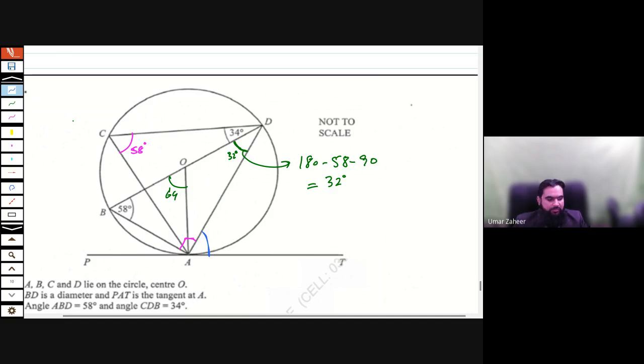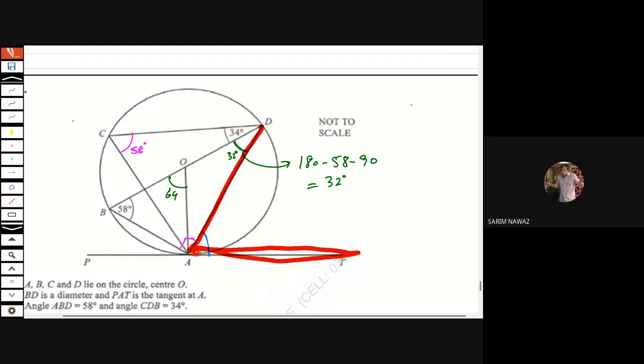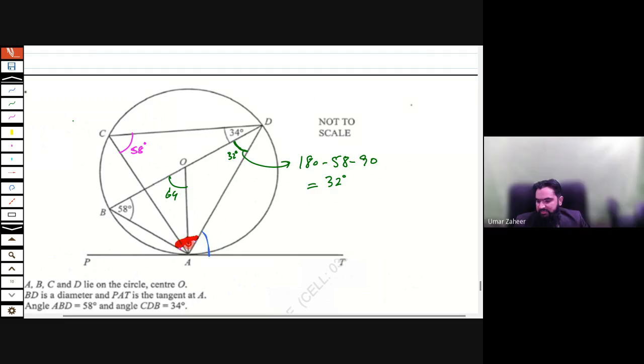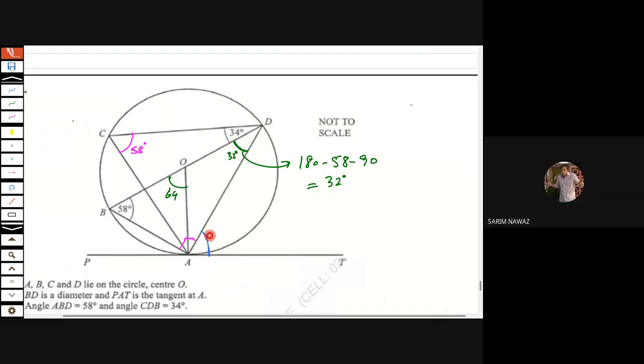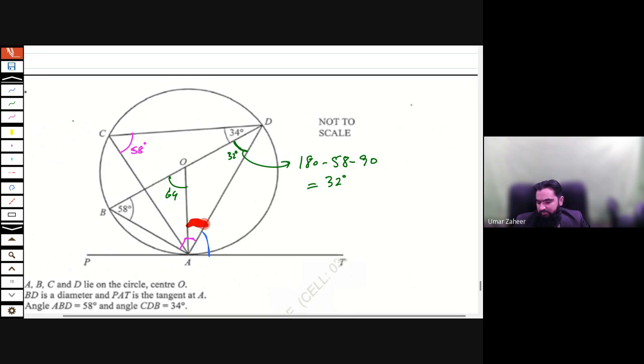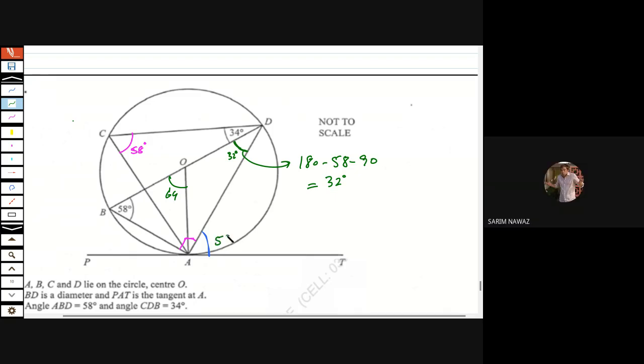DAT is equal to? Sir, it's 90 minus 32. Yeah, you can go this way. 90 minus 32, so it will be 58.